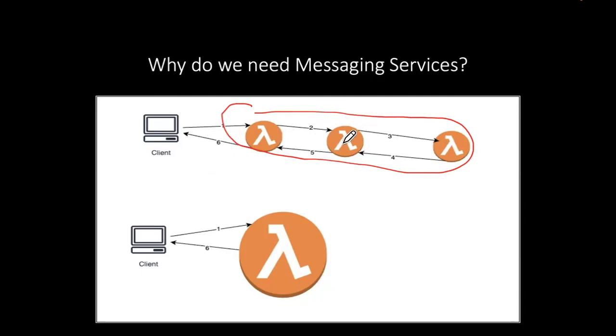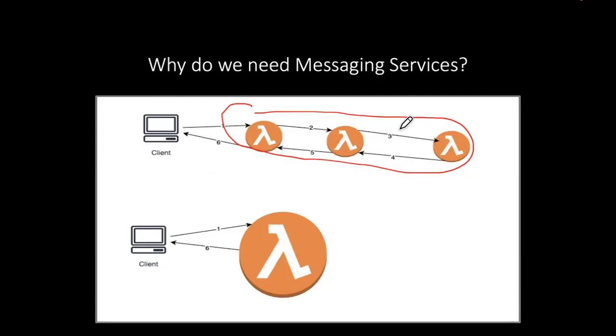Also, if for whatever reason any one of these three lambdas is temporarily not available, let's say this one is temporarily not available, maybe because it's busy, or the region it's located in is inaccessible from a networking perspective, then its unavailability is always going to impact this overall piece of functionality.